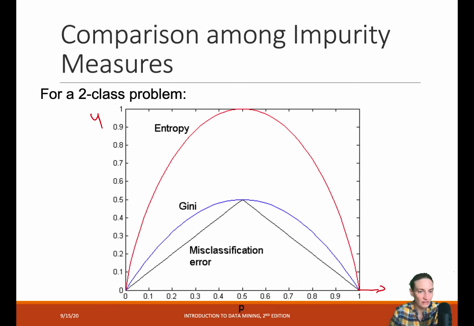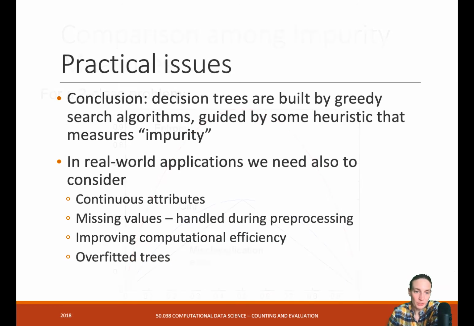And here you clearly see that entropy has a much stronger reaction. Okay, we saw this in the example that we calculated as well. Misclassification error is sort of the most gradual one. Gini is also pretty gradual, but entropy has a much bigger reaction. So it's really up to you which measure would be best for your problem.